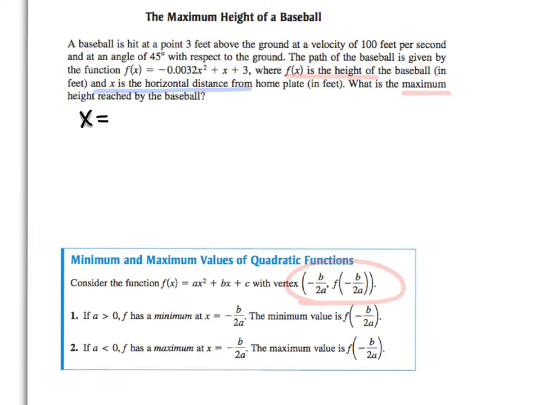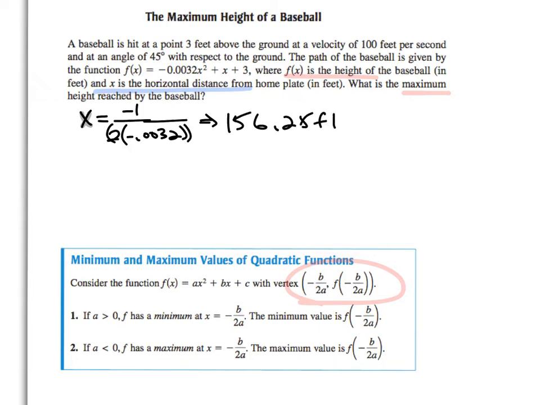So now I'm going to change it to negative 1 over 2 times, what's my a? Negative 0.0032. All right, and then I'd bust out my handy dandy calculator, unless you guys can do that in your head.